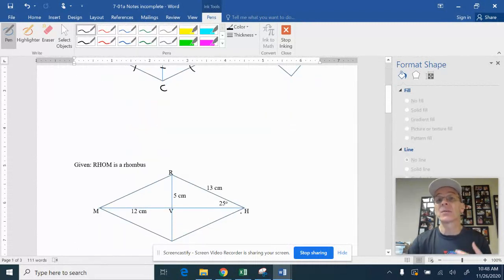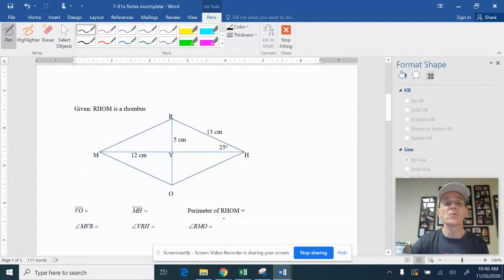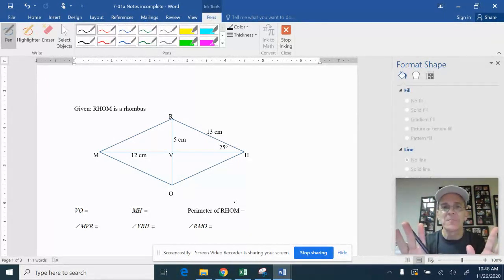So now we're getting into some examples. A few examples, and that's the end of this lesson. Suppose I give you, again, that this quadrilateral figure, RHOM, is a rhombus. My telling you that allows you to conclude that there are lots of congruent things in a variety of places in this diagram without having to prove them.